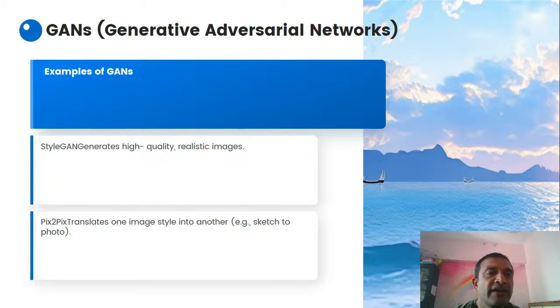StyleGAN generates high quality realistic images, right? Pix2Pix translates one image style into another. So that can also be done with generative adversarial networks, right? These are the models used for image generation.